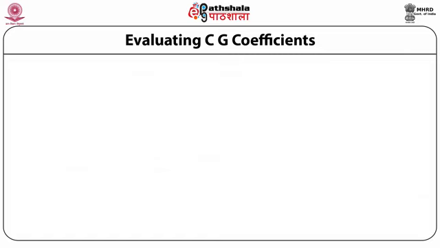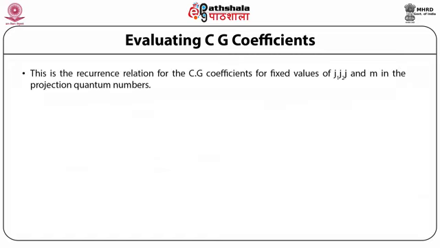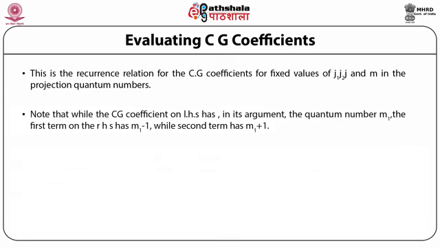So the above equation basically gives the recurrence relation for the Clebsch-Gordon coefficients for the fixed values of j1, j2, j, and m in the projection quantum numbers. What one needs to note is that while the Clebsch-Gordon coefficient on the left hand side has in its argument the quantum number m1, the term on the right hand side has the argument m1 minus 1 in the first term, and m1 plus 1 in the second term.